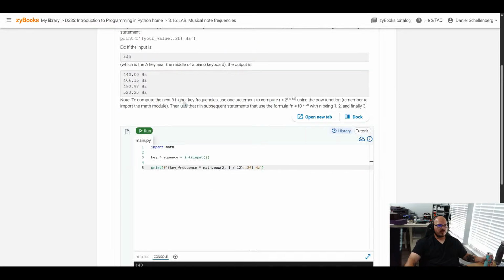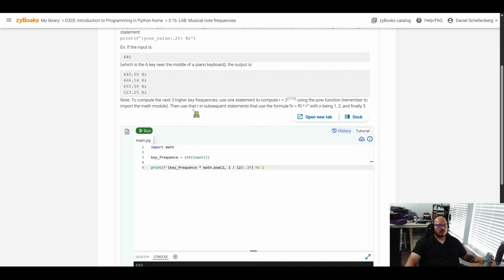To compute the next 3 higher frequencies, use one statement to compute R equals 2 to the power of 1 divided by 12 using the power function. Remember to import that module.